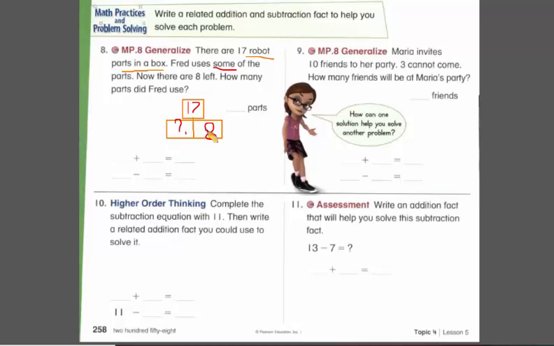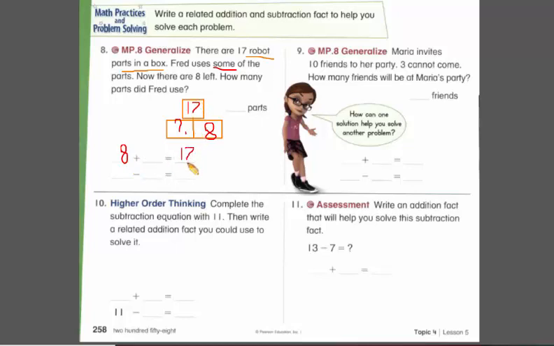So how many parts did Fred use? How can you find the missing part? I will start with the part I know. What is the part you know? It's 8. Plus how many equals 17?